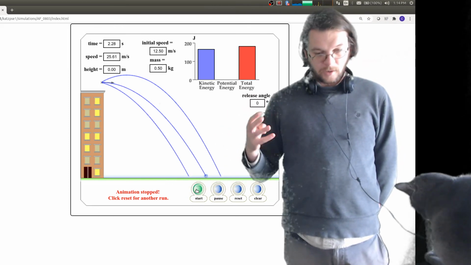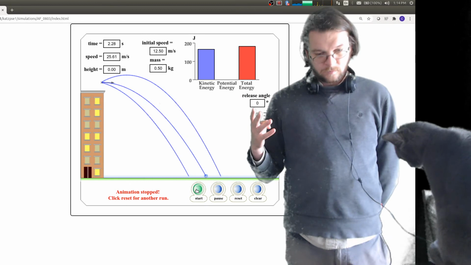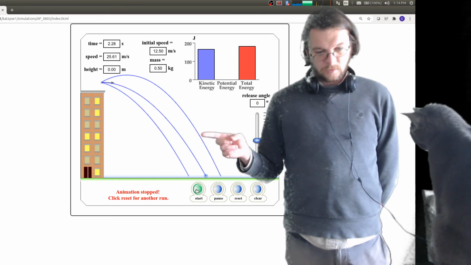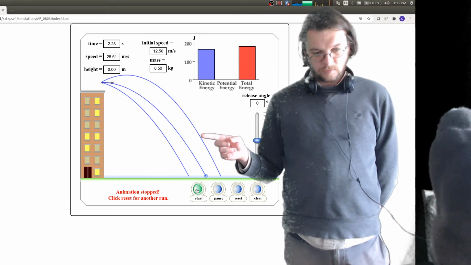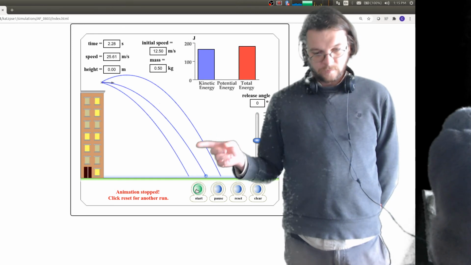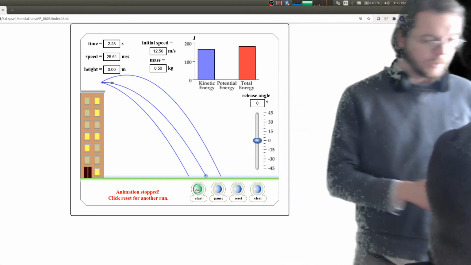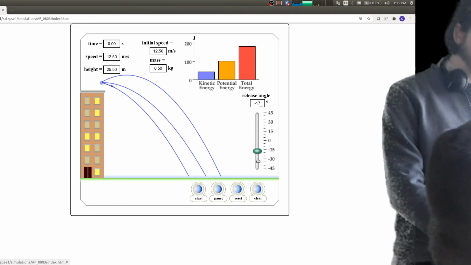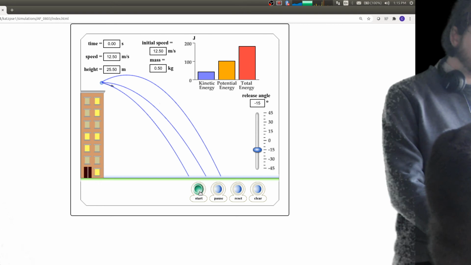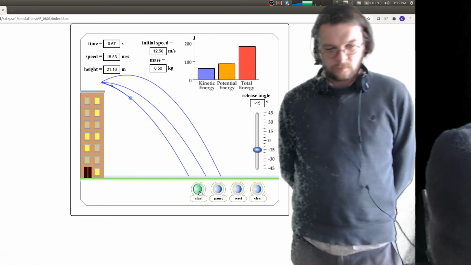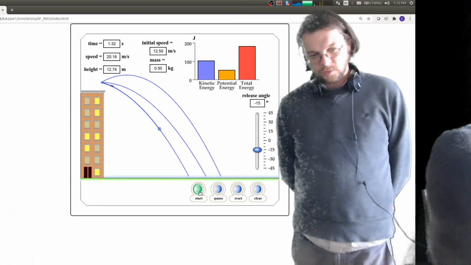Is the time in the air the same? No. So this one is 3 seconds. This one is 2.28 seconds. This one I'm willing to bet is less than 2.28 seconds. So if I do -15, and do that again. So the other one was 2.28 seconds.